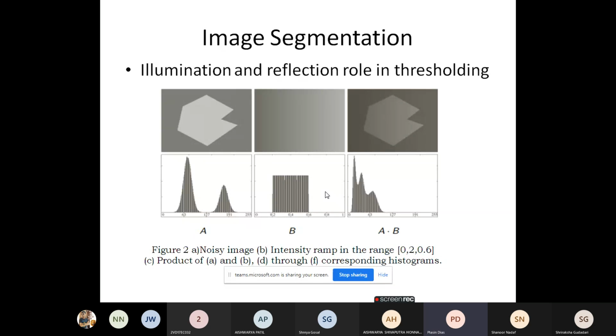See, we are trying to multiply a noisy image with an intensity ramp. What will happen? Yes, Shri Raksha, do you remember the discussion? What will happen if you multiply a noisy image with an intensity ramp in a particular range?